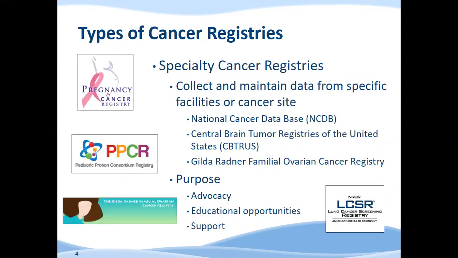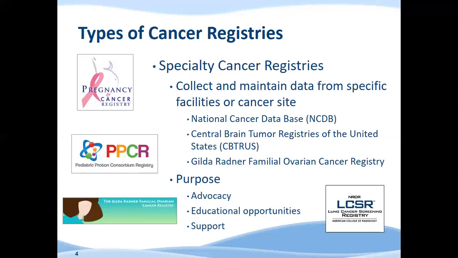Now, the third type of cancer registry is the specialty cancer registries, which are established to collect and maintain data from specific facilities, such as the COC National Cancer Database, on a particular type of cancer or tumor, such as the Central Brain Tumor Registry of the United States, or to collect data on familial cancers, such as the Gilda Radner Familial Ovarian Cancer Registry.